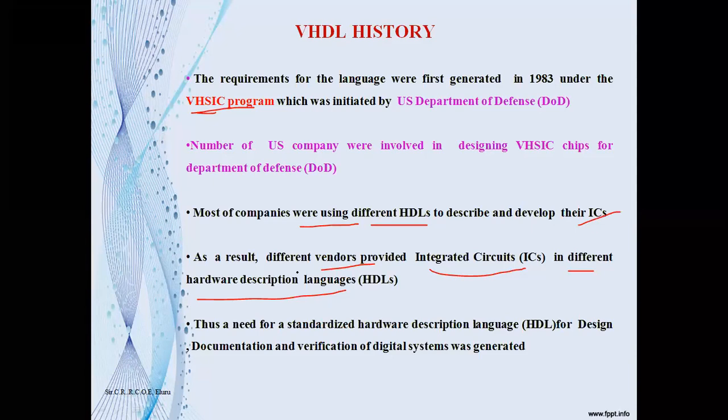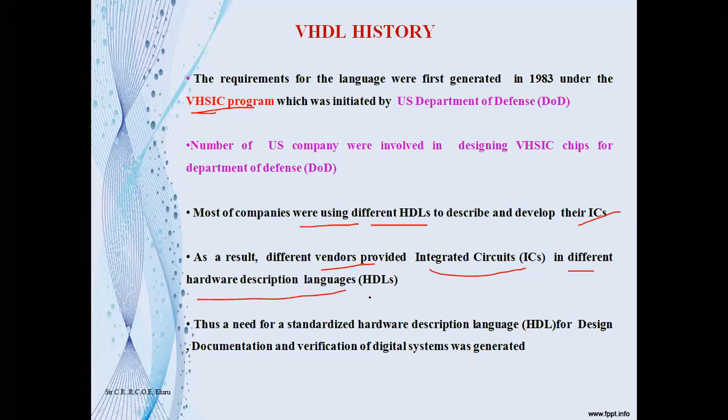Since the vendors developed different integrated circuits using different hardware description languages, there were problems from the vendor side as well as from the Defense Department.